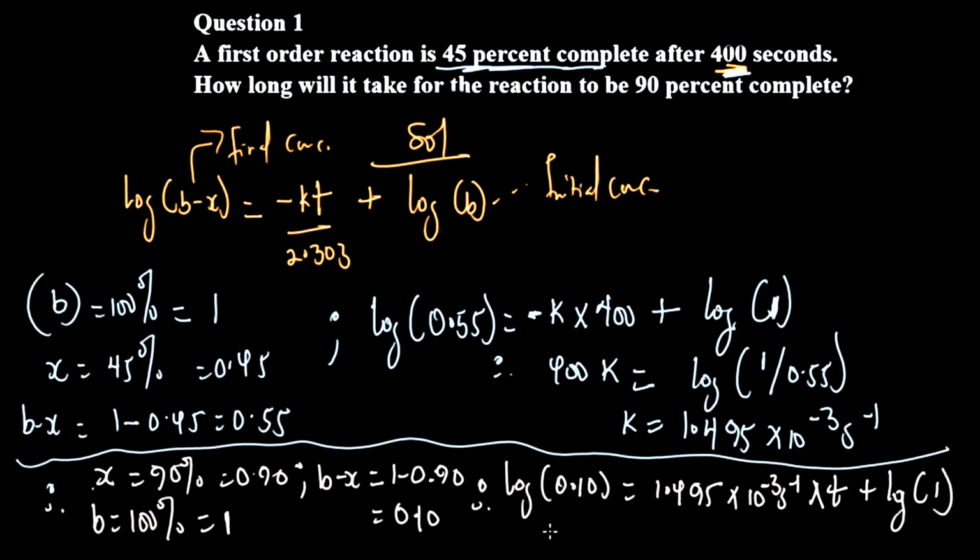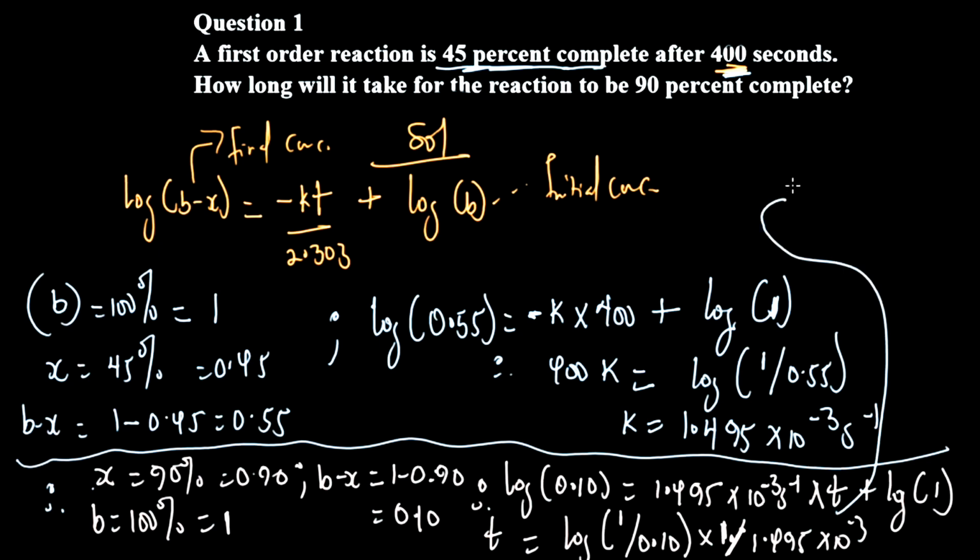So we have that t equals log 1 over 0.10 times 1 over 1.495 times 10 raised to the power minus 3. So we have that time equals 1541 seconds. You can try it out and ensure that you get the same answer.